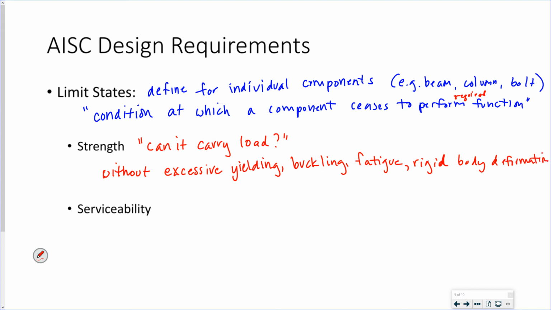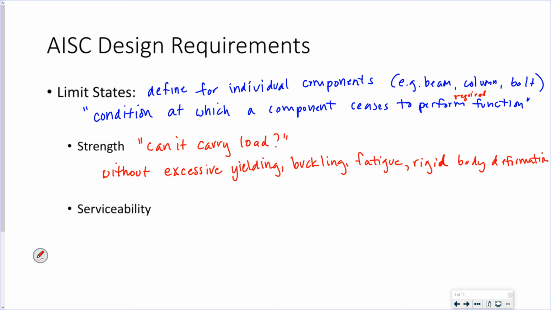That's where the beam just spins. It acts as a rigid body and doesn't deform, right? So can it carry the load? That's defining its strength without excessively yielding, right?